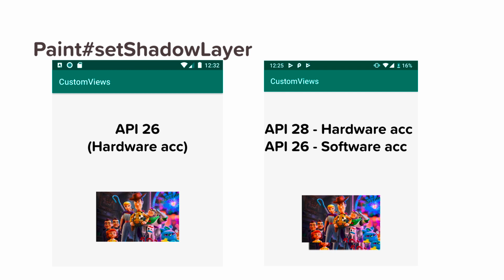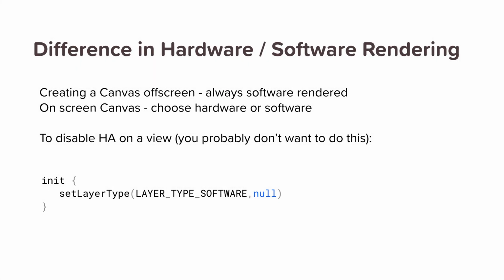Okay, so the learning from this is to test on all the API versions that you're working with to ensure that the functions that you're using work on all these different levels. And test with hardware acceleration on and hardware acceleration off. So let's talk a little bit about hardware acceleration and software acceleration.